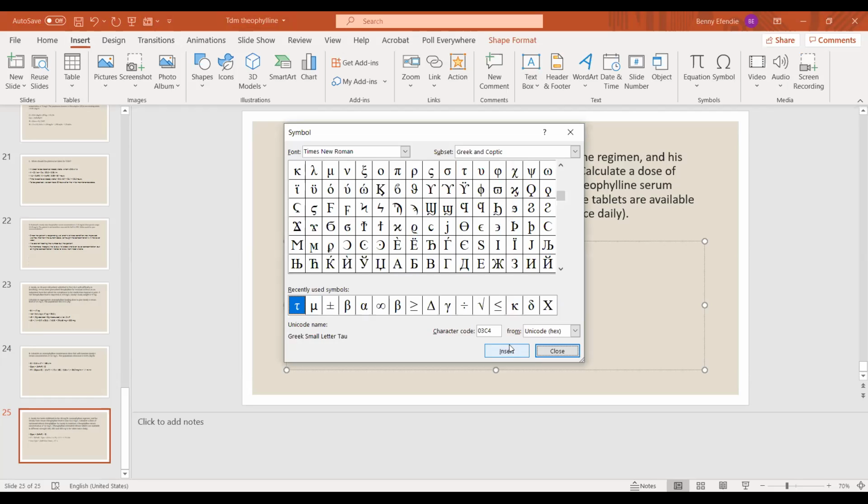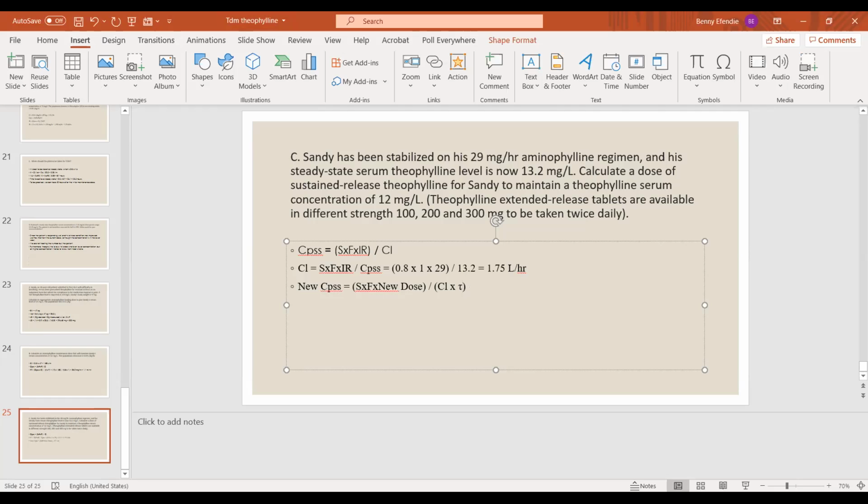So new dose equal to CPSS times clearance times tau, divided by S times F.